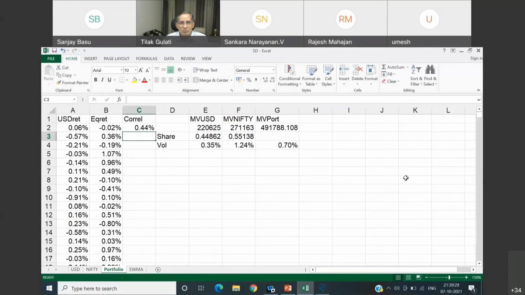Your market knowledge will also help you. The COVID phase may have been turbulent, but the phase before that may have been calm. If you ask me, to be very honest with you, Mahajan sir, how many data points I should take, Sanjay, I have no hard and fast answer.